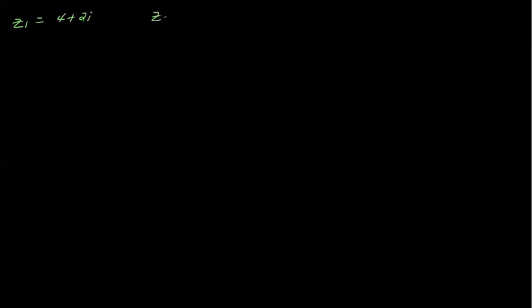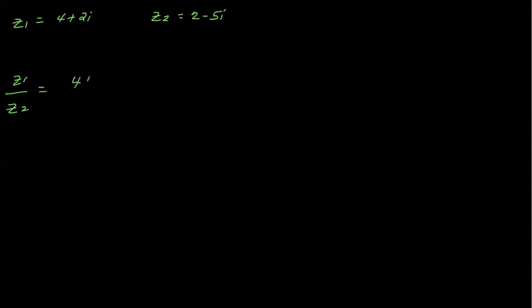And let's say Z2 is equal to 2 minus 5i. And you're asked to find Z1 divided by Z2. All right. So again, this is where you pause the video and give it a try.